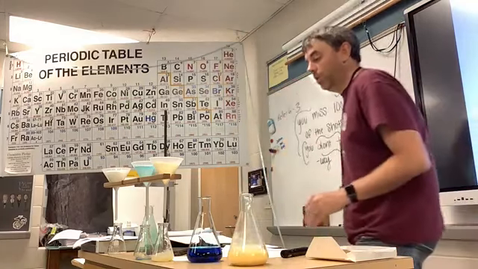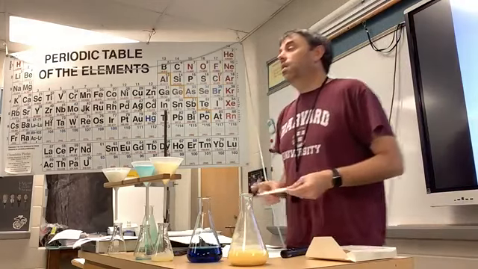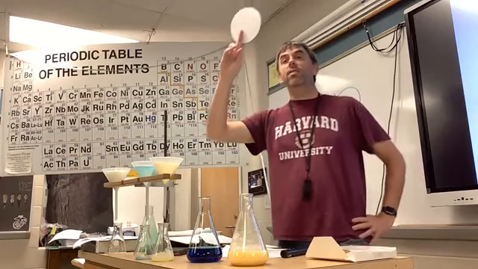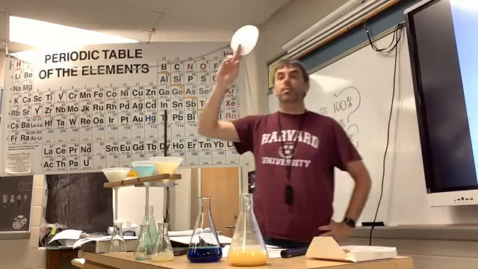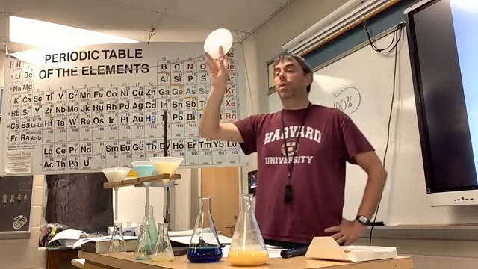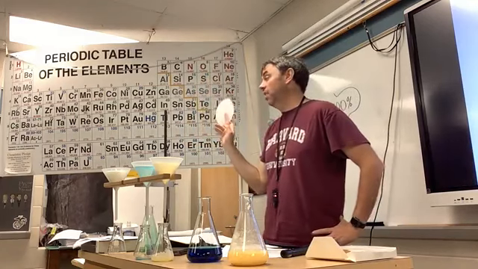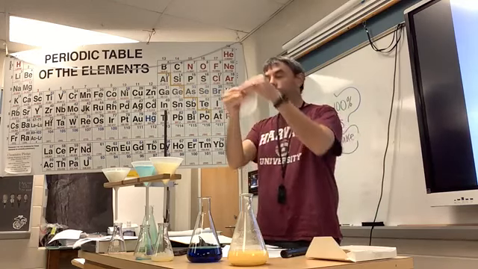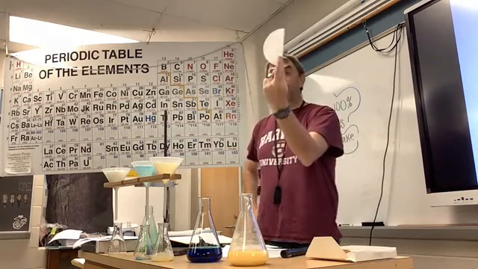So, first thing I want to show you, I'm going to be filtering these. Has anybody here ever used filter paper before? Scout has? Do you know how to fold it? No. Okay. So, the way you use filter paper, because you're going to have to do this in the lab in about a week, fold it in half once, like so. Now it's a half moon.